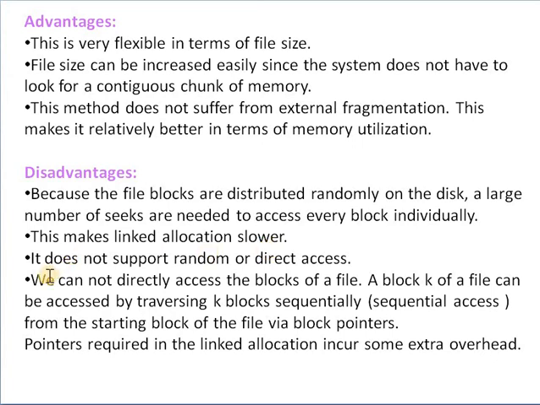It does not support random or direct access, because there is a linked list pointer between each block, and we cannot directly access a block of a file. A block K of a file can be accessed by traversing K blocks in sequential access from the starting block of the file via block pointers.